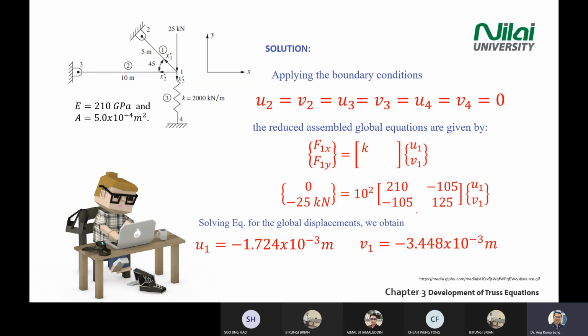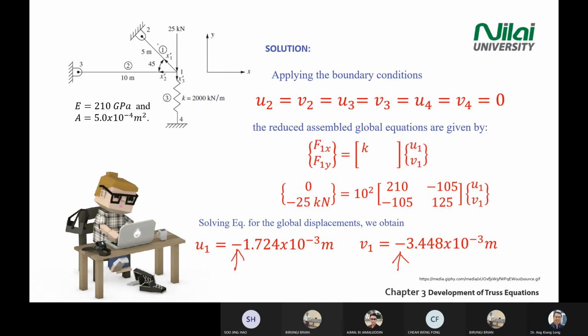Okay, you solve for the K of your matrix there. After that you solve the two linear equations. You'll get U1 equal to negative something, V1 equal to negative something. So this could happen in element 1.